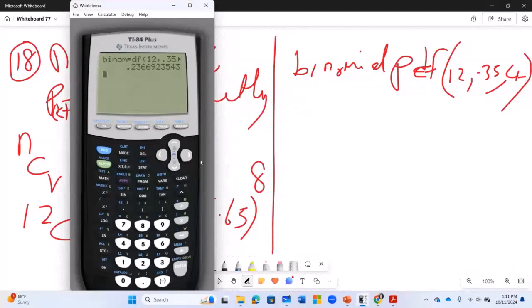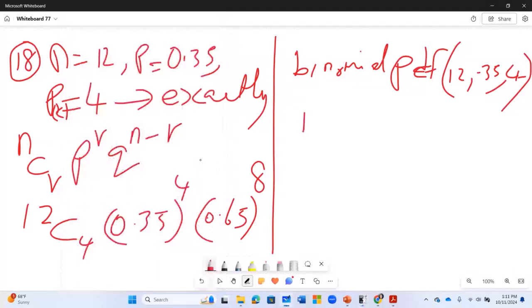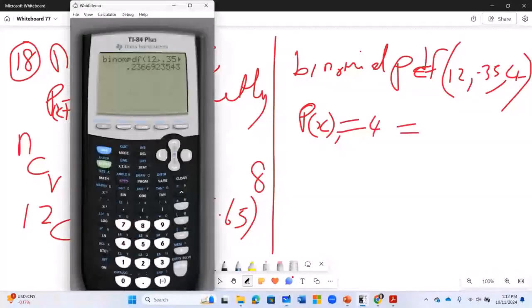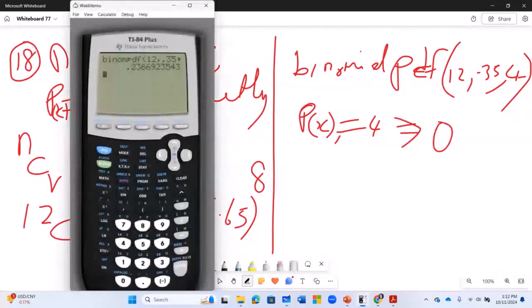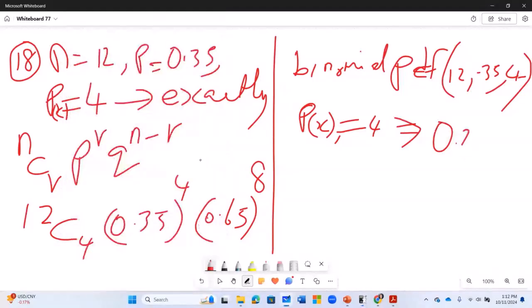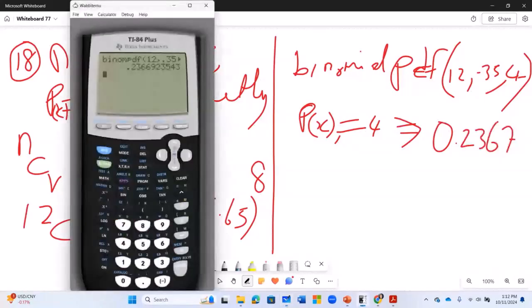So whether you do it with the long method or short method, you have the same answer. And therefore, the binomial probability of the random variable equal to 4, I'm going to leave my answer to 4 decimal places, implies it's equal to 0.2367.